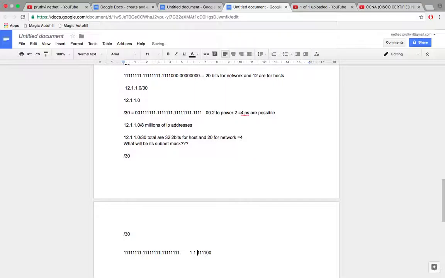I'll separate it so that it becomes easy to understand. So the table goes like this: 128, 64, 32, 16, 8, 4, 2, 1.